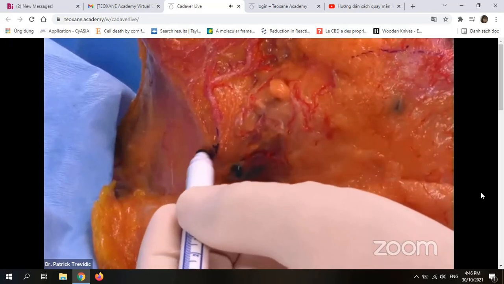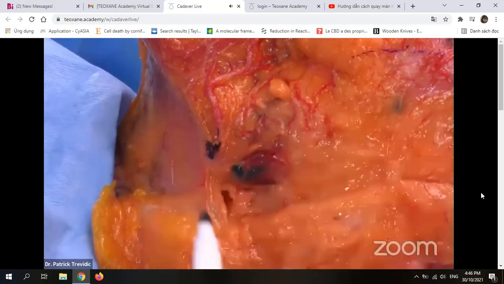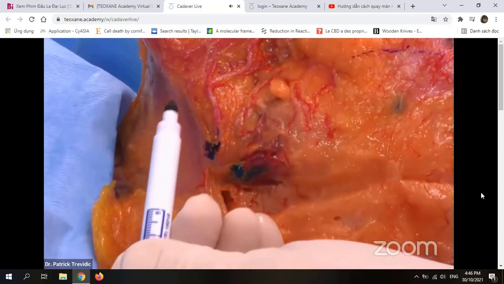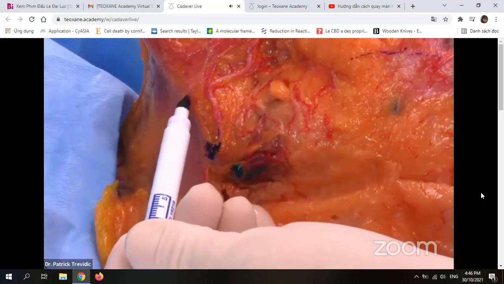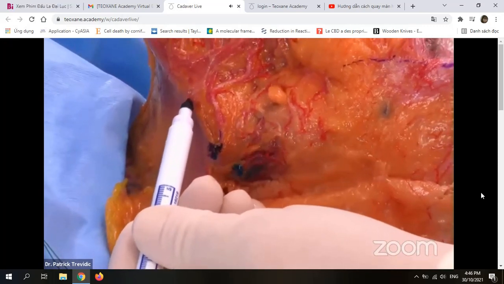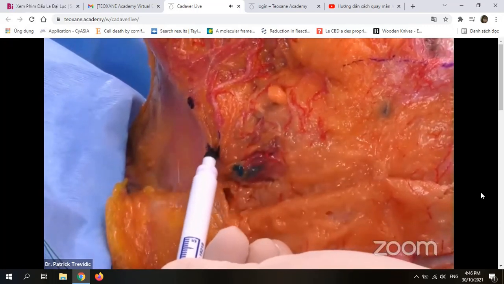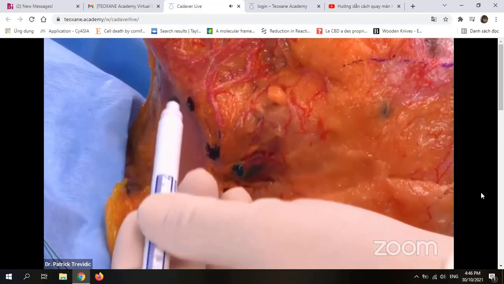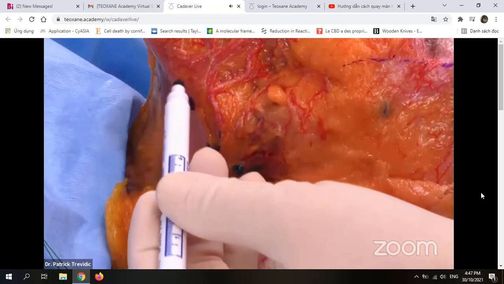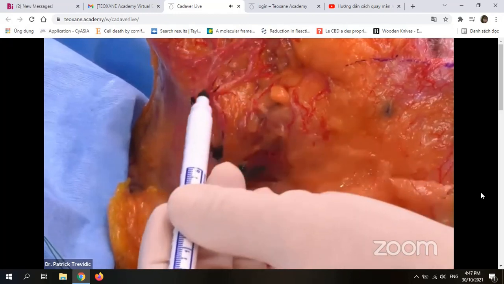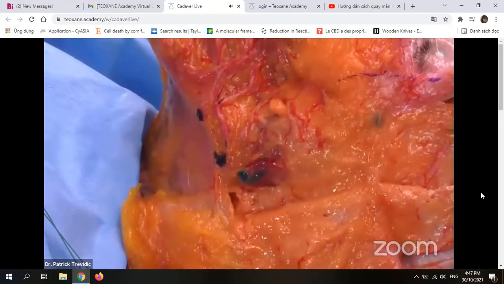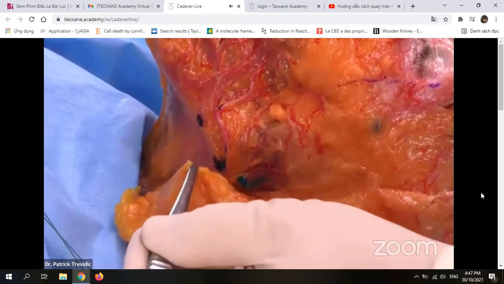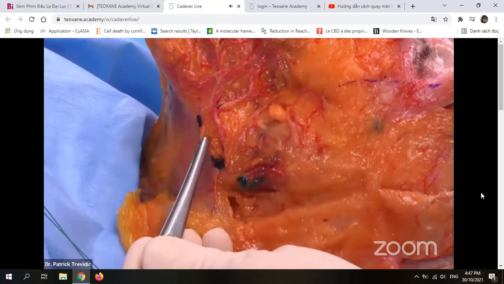This is the buccomandibular ligament, and the outer anterior point is the mandibular ligament. So the premasseteric ligaments here, the mandibular ligaments here at the posterior part of the DAO, and between these two fixed points, the jowl, that is the superficial fat, is going down.